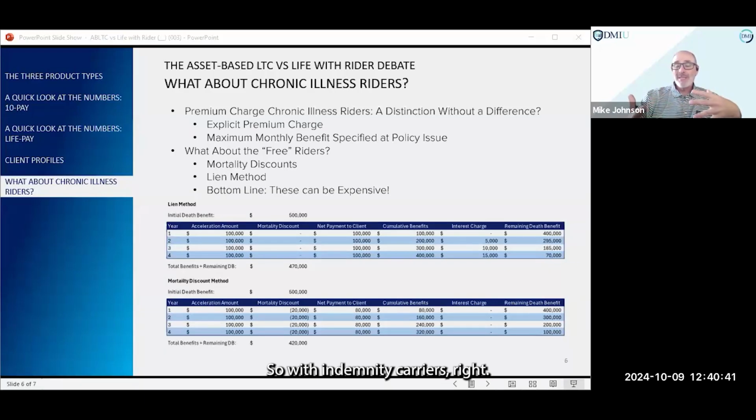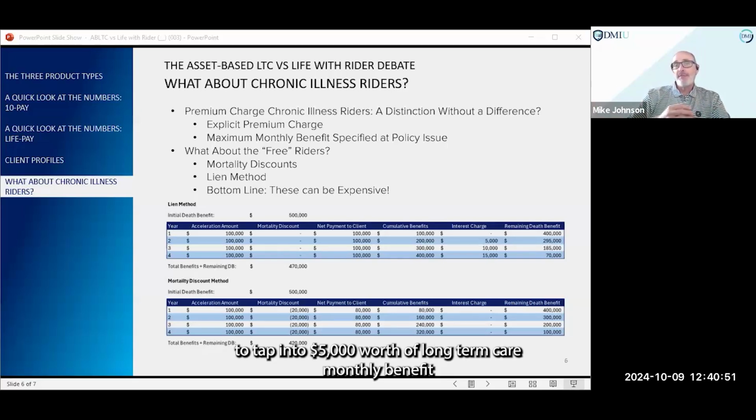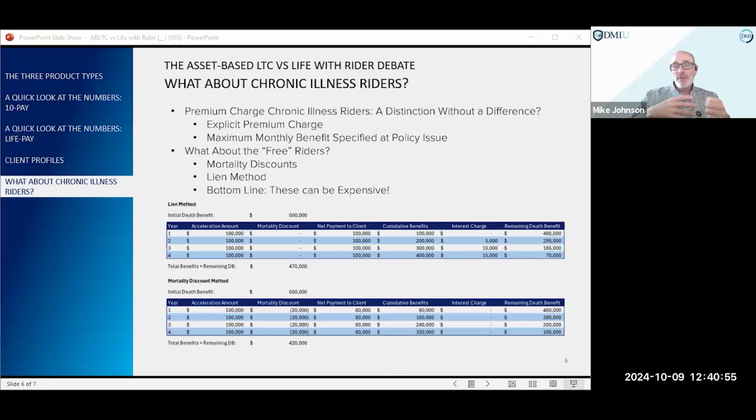So with indemnity carriers, if there's that qualifying event, let's say, for example, someone has the ability to tap into $5,000 worth of long-term care monthly benefit with an indemnity policy when they qualify. Typically, there's a 90-day elimination period in most cases. Then the client is free to access that full amount of $5,000 each month.